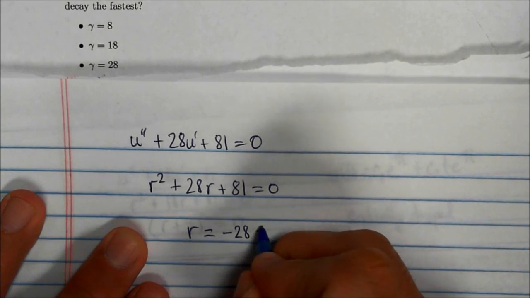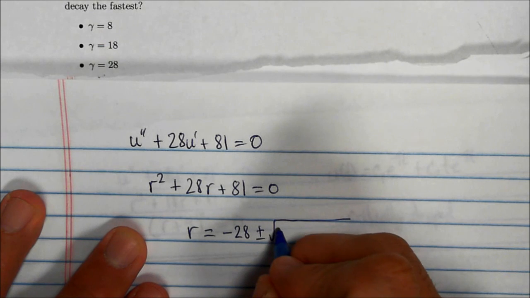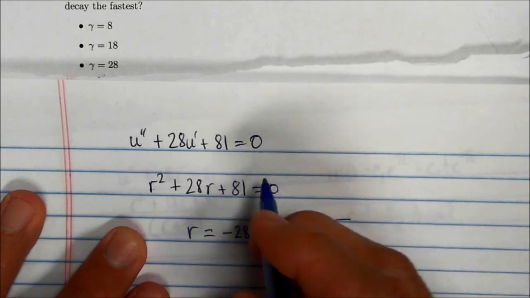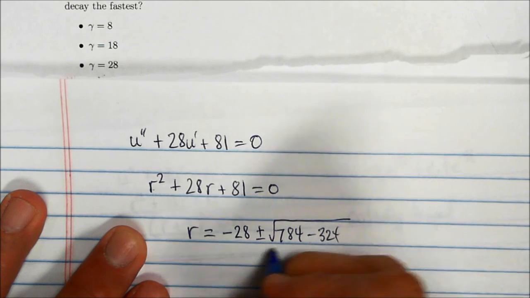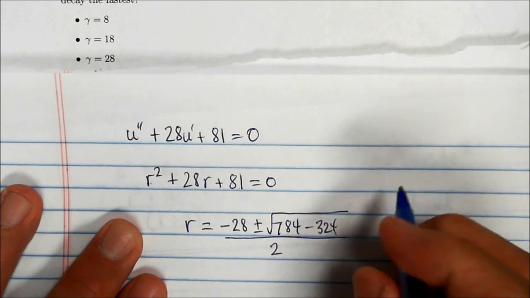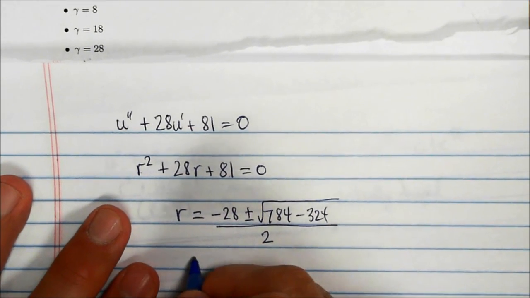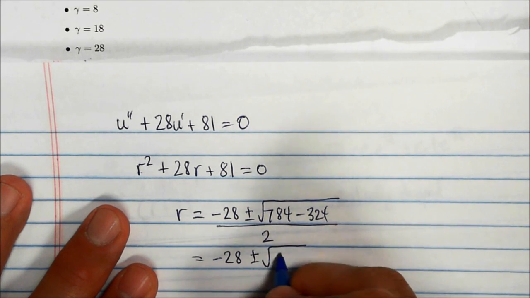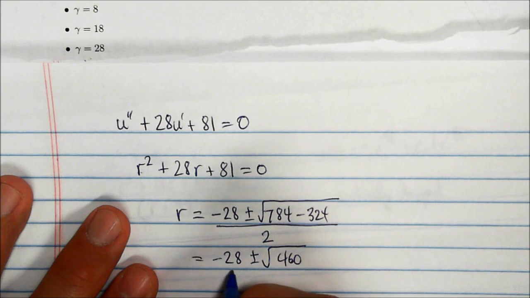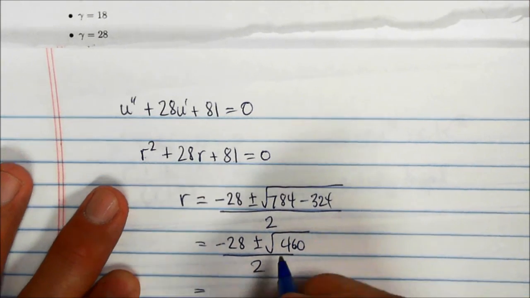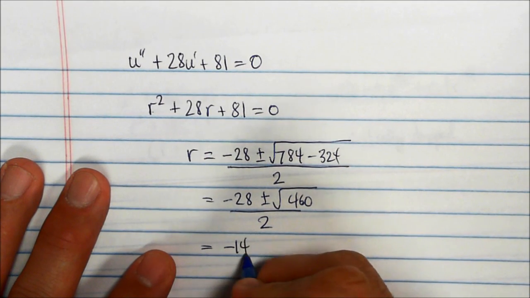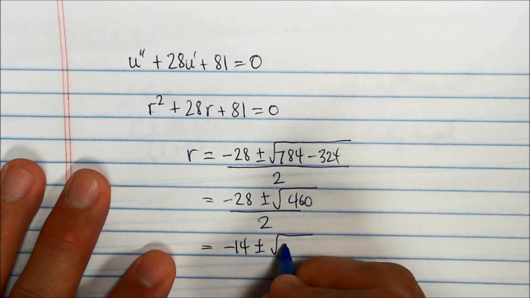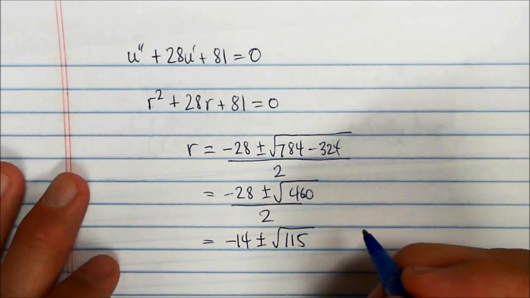Negative 28 plus or minus the square root of 28 squared, which is 784, minus 4 times 1 times 81, which is 324, over 2 times 1. So that's equal to negative 28 plus or minus the square root of 460, divided by 2. So that's negative 14 plus or minus square root of 115.